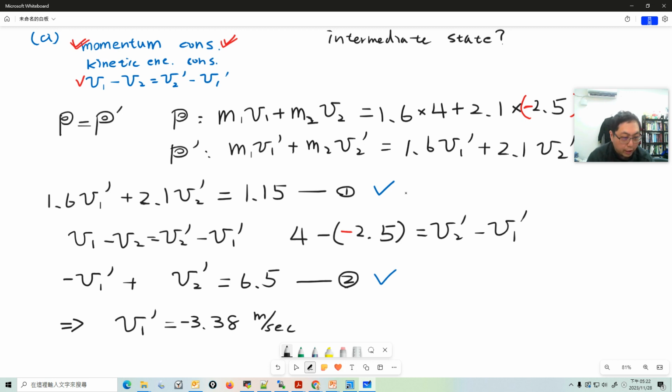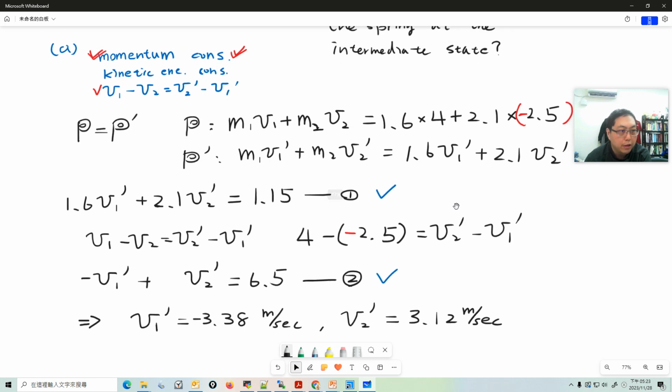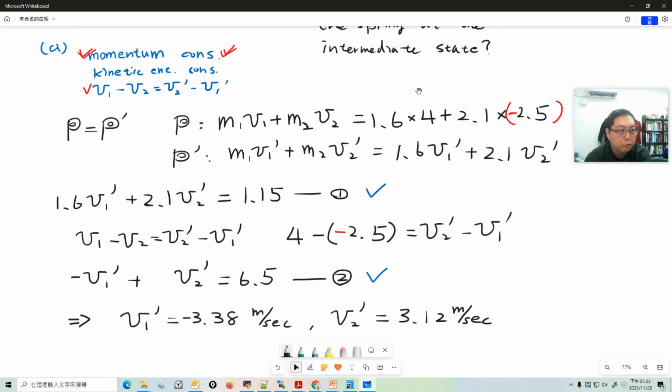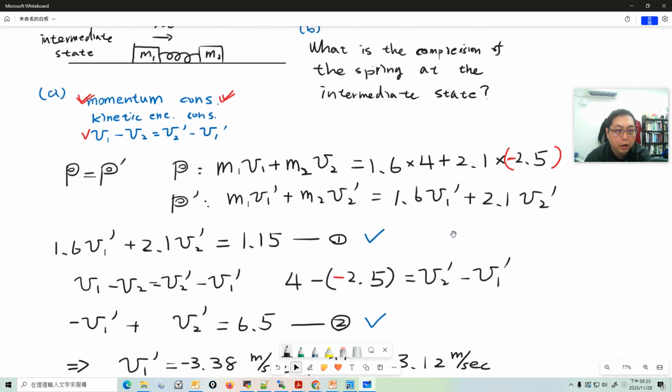And v2 prime is equal to 3.12 meters per second. So that's the velocity after the elastic collision. Here we answer the first problem.